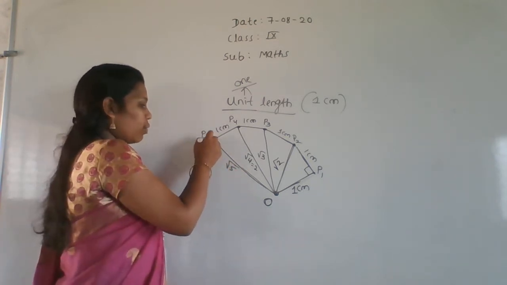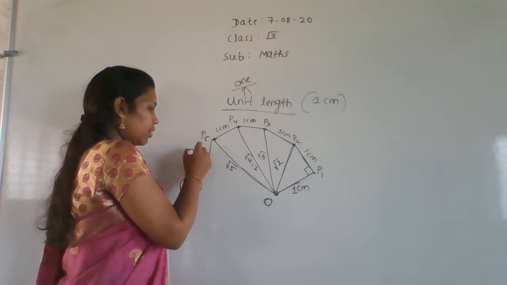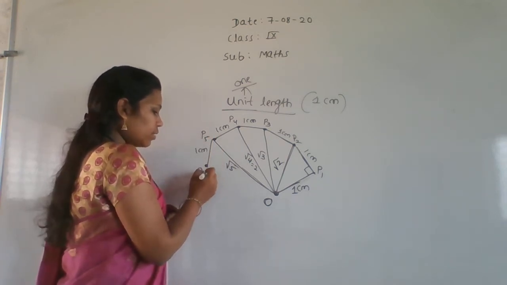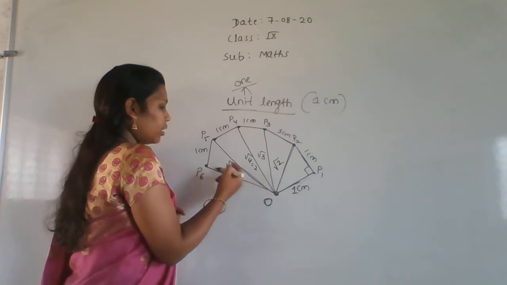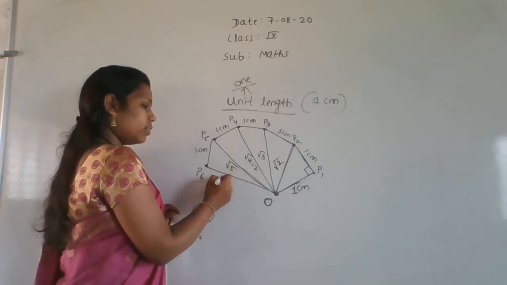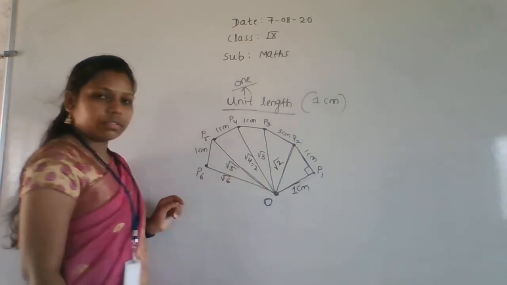If you want to continue like this, again take 1 centimeter, P6, and join; you get root 6.